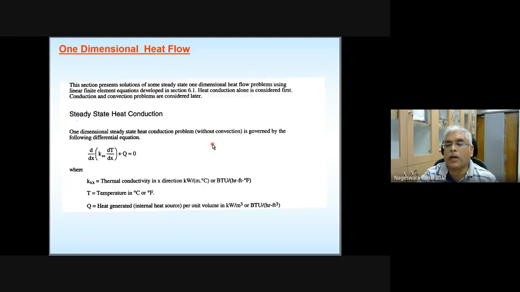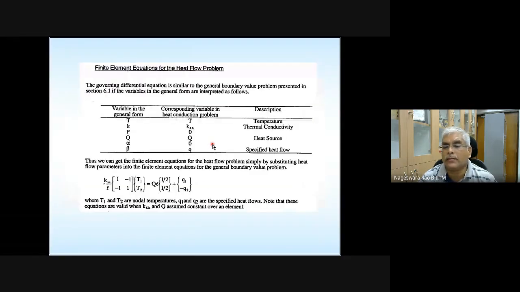So element equations for steady state heat conduction problem using 2-node finite element look like this. If you know thermal conductivity, if you know heat source, and if any other heat flow is there, you can easily solve this.